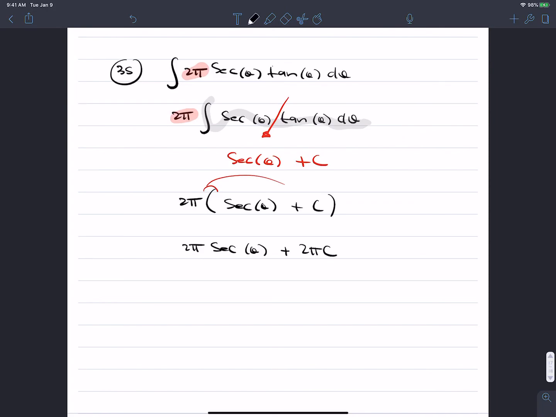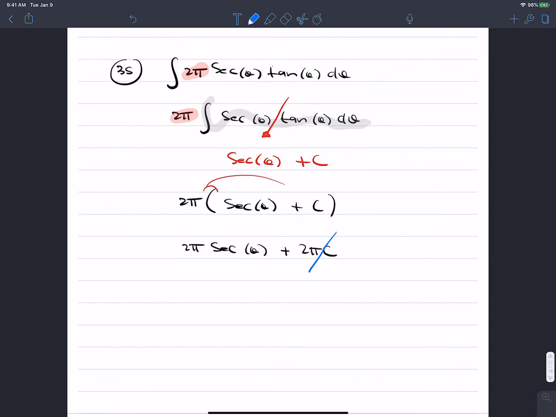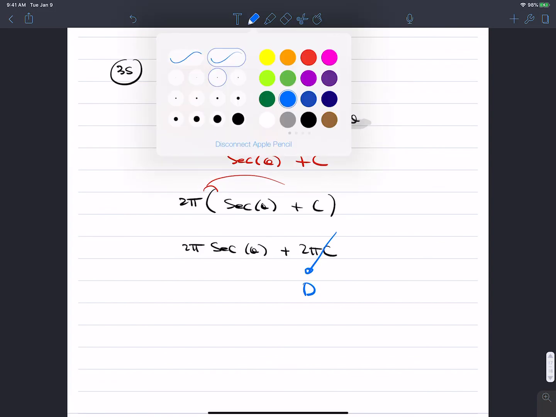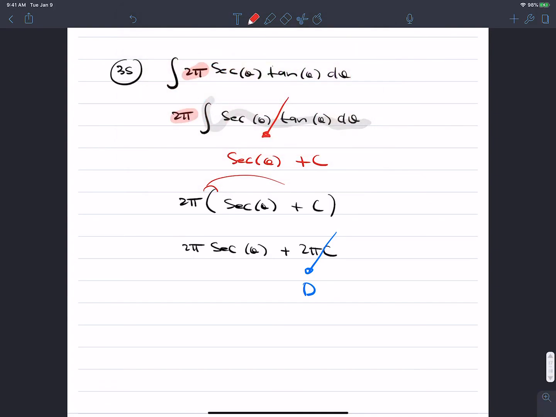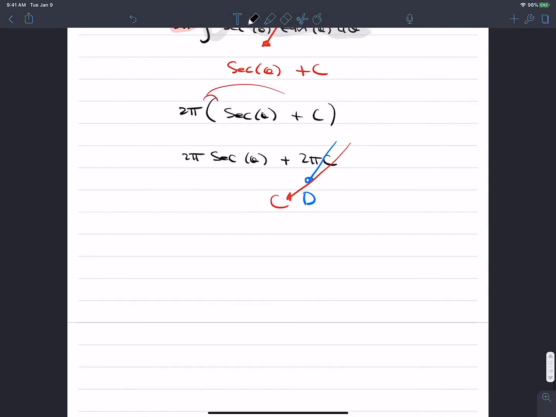And like we mentioned earlier, 2 pi c is just another constant. So you can call that constant d if you like. Or some books simply call it again c. In fact, all books call it that, because 2 pi times a constant is just a constant. So your final answer is 2 pi secant theta plus that constant.